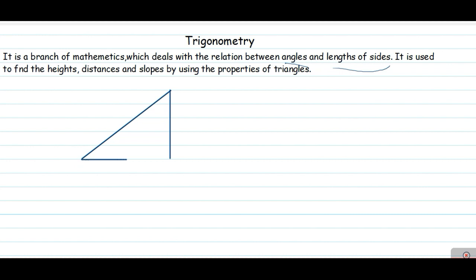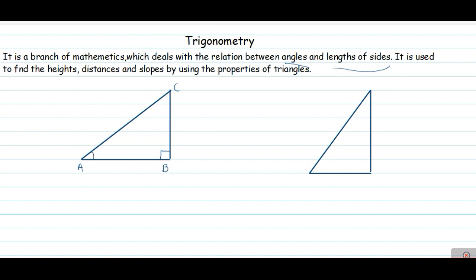So, if we take a right angled triangle here, this is another right angled triangle. Let us mark the vertices. This is A, B, C, and the right angle is at vertex B.